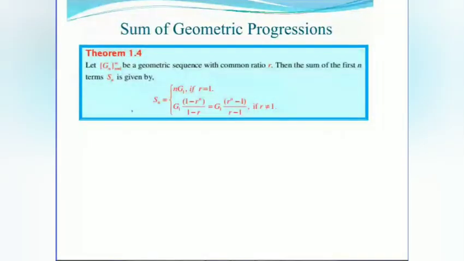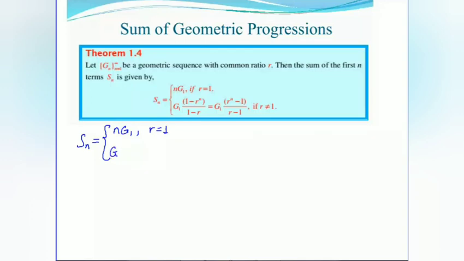The second formula regarding the geometric progression is the sum of the first n terms of a geometric sequence. We use the same notation as in arithmetic progression. Sn is the sum of the first n terms of a geometric sequence. It is defined as n times g1 whenever the common ratio is 1.